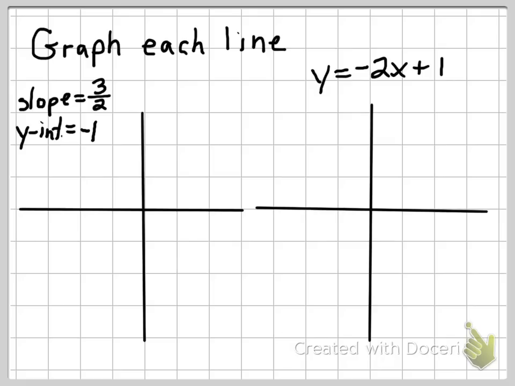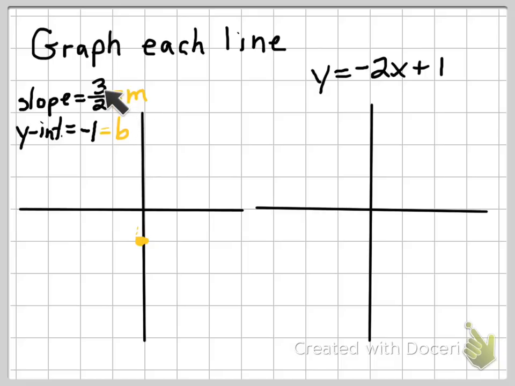Okay, so for the first one, I know that this is my m and this is my b because it gives me the slope and the y-intercept, and I always start with the b on my graph. So I have to go to negative 1 on the y-axis and I put my point. Then the slope, or the m, tells me where to go from there.